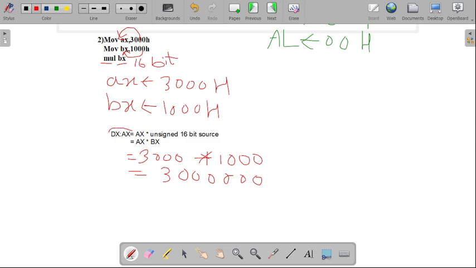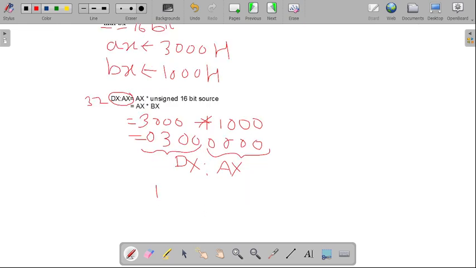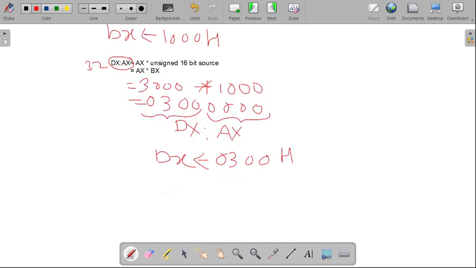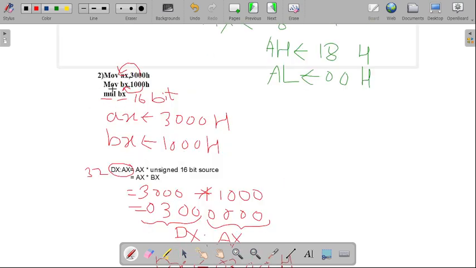It will be stored as DX colon AX, so it becomes 32 bits of data. We append a 0, and these 4 digits will be stored in our DX register, and these 4 digits will be stored in our AX register. So the contents of DX will be 0300H and the contents of AX will be 0000H. These are the values that we got from our multiplication result.